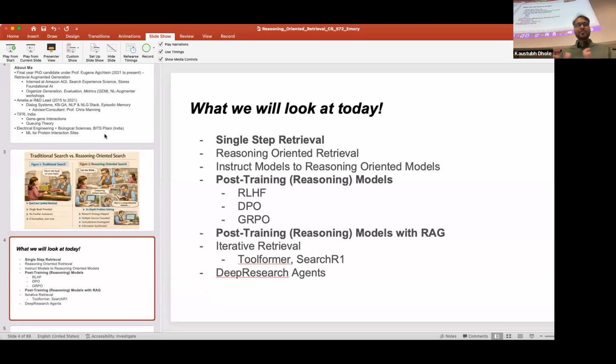We'll try to understand reasoning there through at least two algorithms, RLHF and GRPO. Then we'll use these algorithms for the retrieval counterparts while looking at iterative retrieval, specifically Toolformer and SearchR1. And if we have time, we'll also look at deep research agents.